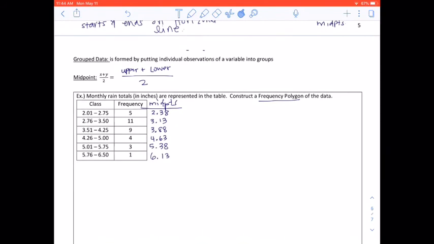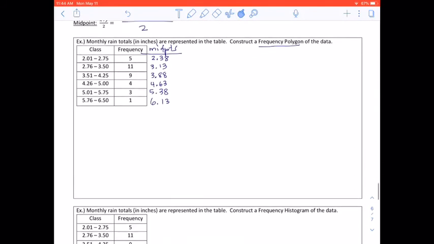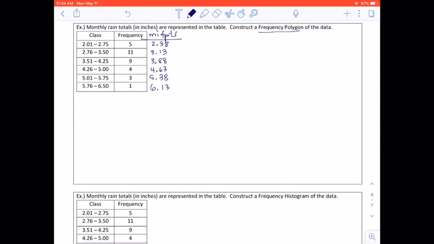So we need the frequencies and the midpoints. So we have enough data right now to go ahead and start our polygon. So let's go ahead and draw our axes. Our vertical is for frequencies. The largest frequency that we have goes up to 11, and the smallest we have is 1. So I'll start at 0 and go up to 11, counting by ones. And then down here on the horizontal, we are going to be using our midpoints, but we don't write midpoint.